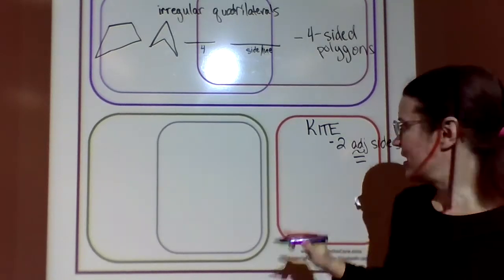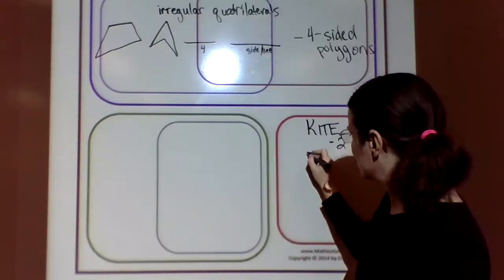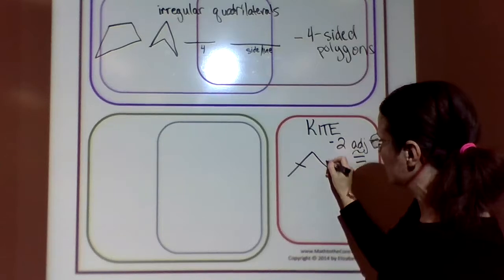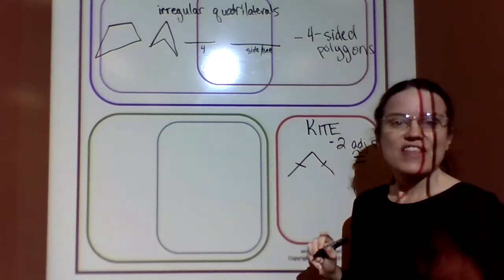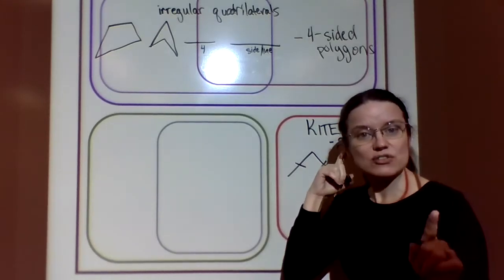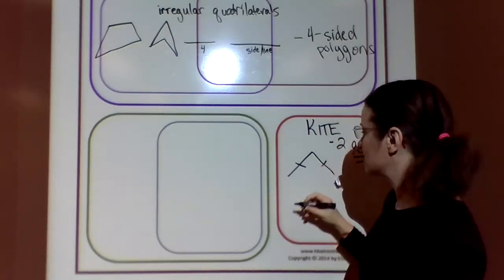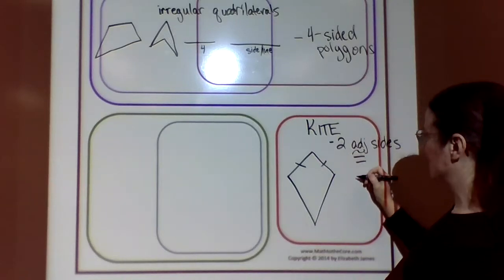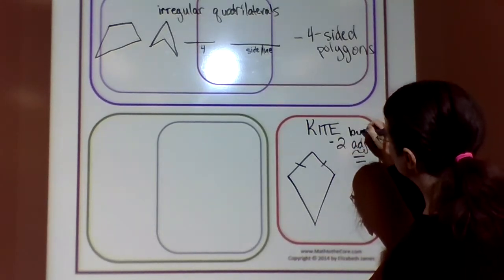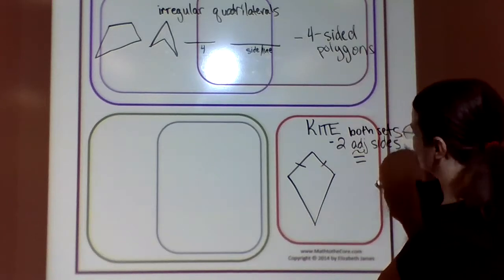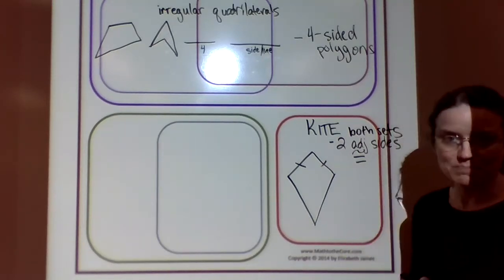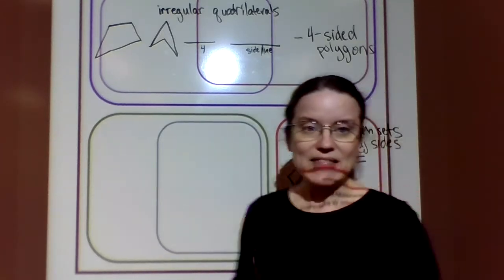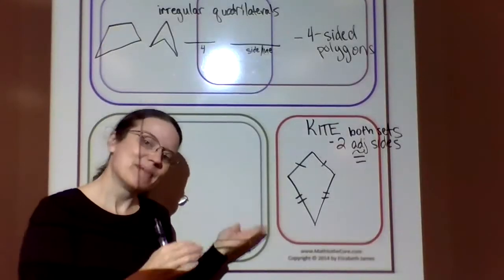But also, if the two sides that are adjacent are congruent, so like say if I were to draw a four-sided shape and tell you, okay, I'm going to start with these two sides being congruent, then interestingly enough, if these two sides decide to be congruent, automatically the other two adjacent sides have to be congruent. So this actually has both sets of two adjacent sides being congruent. And that ends up looking like your classic kite that you made when you were a little kid.